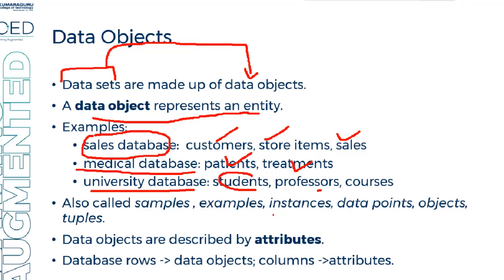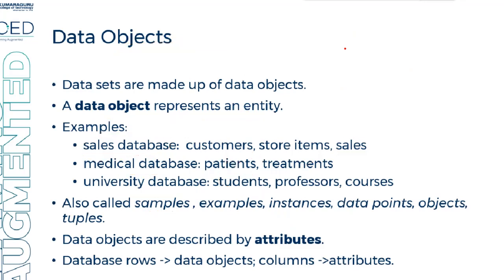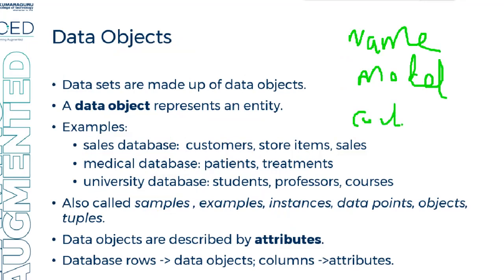Data objects are described with attributes. For example, take a car. The car object will have attributes. What are the attributes of the car object? The car object will have a name, a model, a color, and a price.